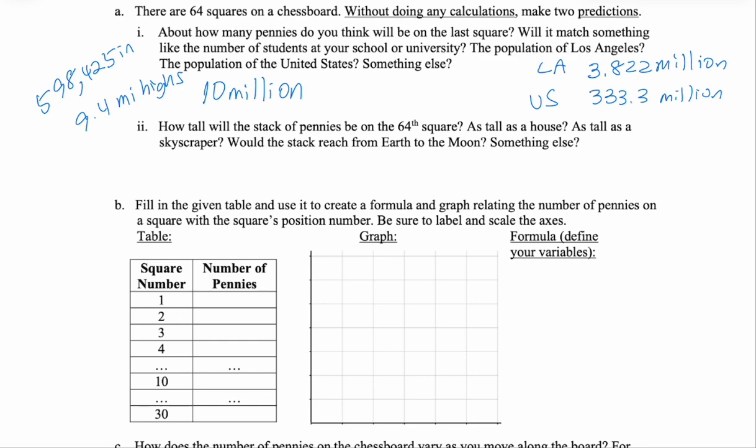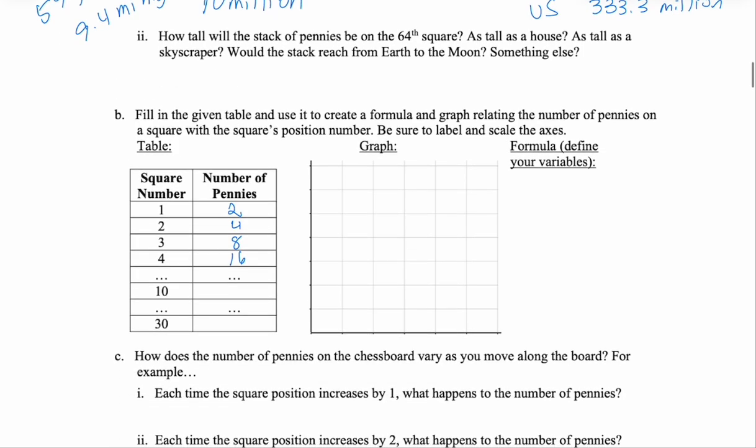Okay, so we have a table here. Square number 1, we had 2 pennies, and then 4, and then 8, and then 16, and then the 10th one. What we are actually doing is 2 to the power of whatever the square number is that we're on.